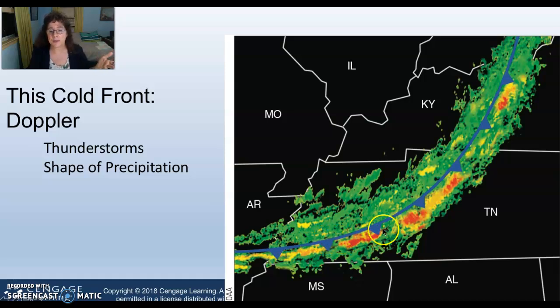So now that we've gotten to the precipitation, you can see that this is the same storm on Doppler. So now you've seen it in 3D, on surface maps, and on Doppler maps. It's a pretty severe storm right there. You can see the thunderstorm that's right here. That was noted on Doppler. That surface map is a little bit delayed, so you don't see everything on the surface map.